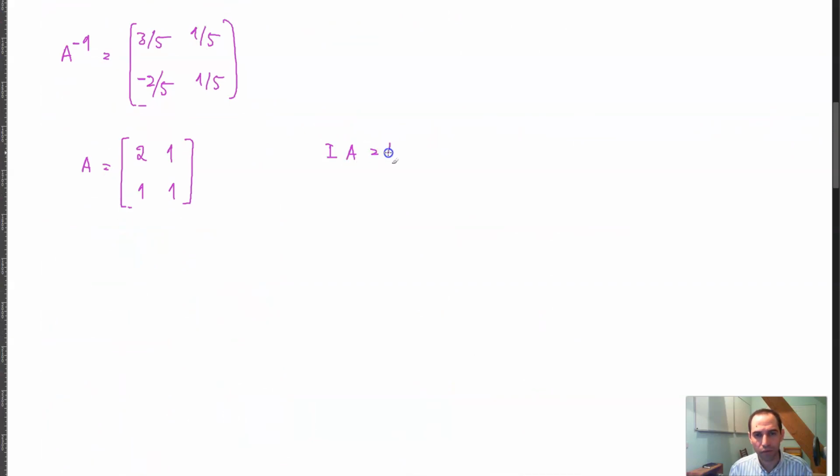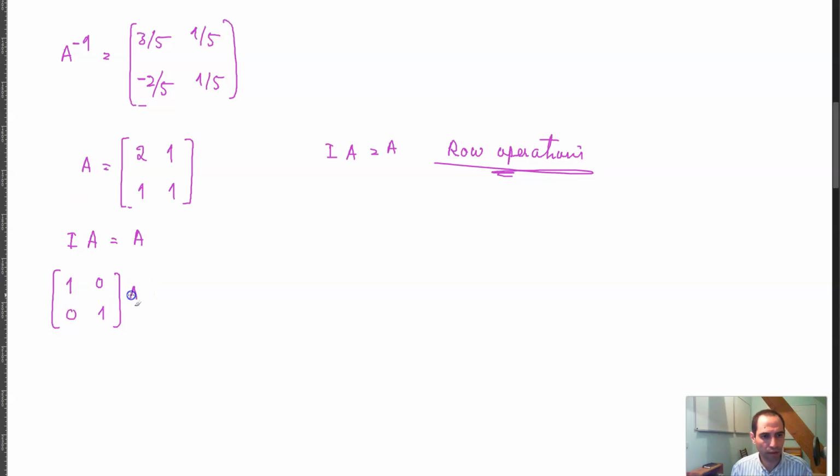IA is equal to A, meaning that I'm using row operations, right? And what that means is that I write IA is equal to A, and I is the same thing as 1, 0, 0, 1, and A is the same thing as 2, 1, 1, 1.